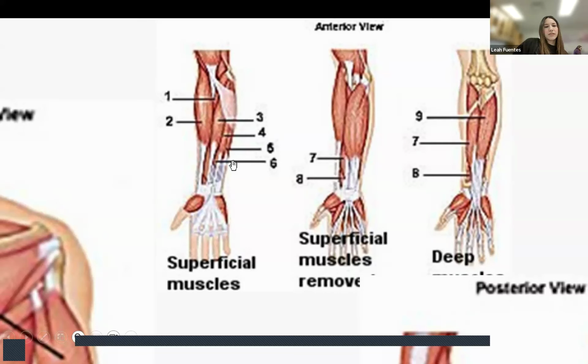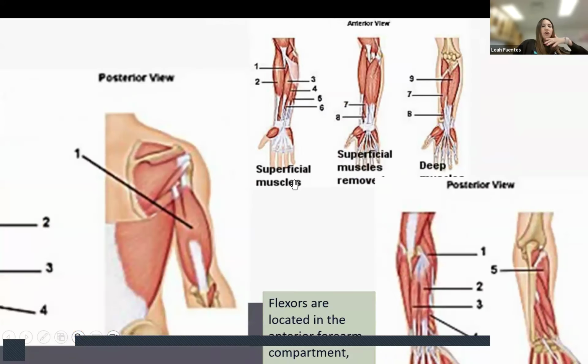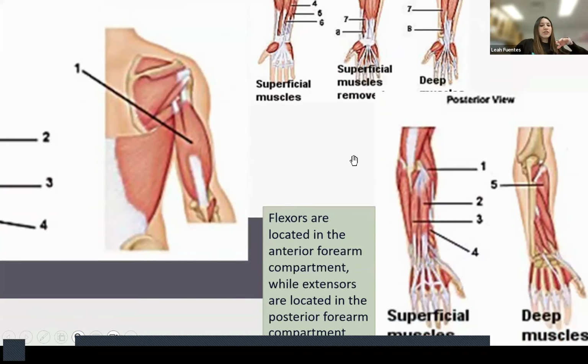That looks like number 6. Does anybody have this one labeled? Flexor digitorum superficialis, yeah. So again, these were not all of them, but the anterior. So make sure you know, flexors are in the anterior forearm, extensors are going to be posterior.